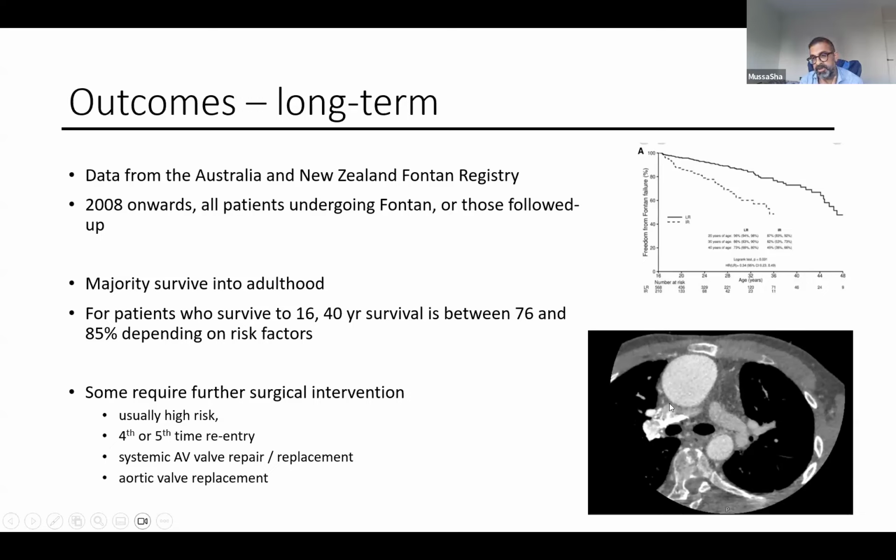So the re-entry was going to be difficult, and the indication for surgery was that he needed an aortic valve replacement. He had significant aortic regurgitation, so we went in and did an aortic valve replacement for him, and he had a bit of a torrid time in the intensive care unit, but eventually made it home.